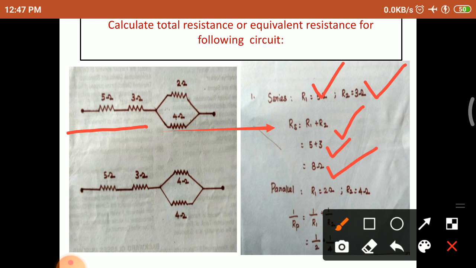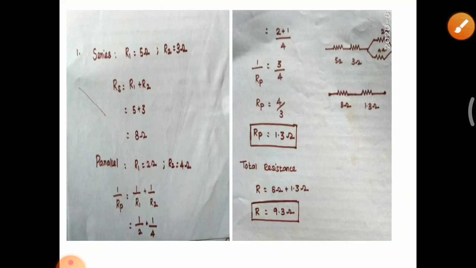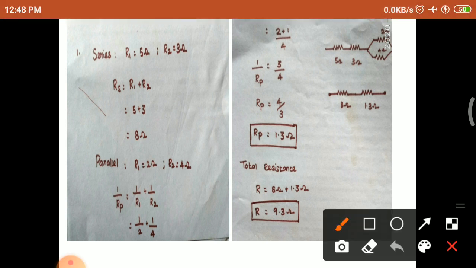The next, see here, this is a parallel combination. In parallel combination, R1 equal to 2 ohm, R2 equal to 4 ohm. We know the formula 1 by Rp is equal to 1 by R1 plus 1 by R2.